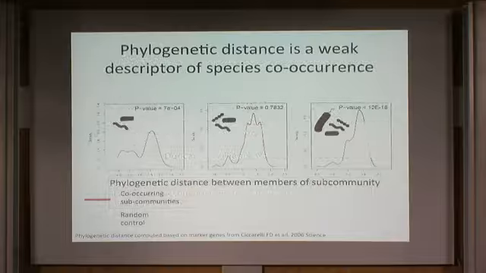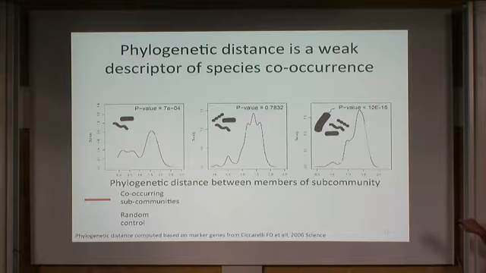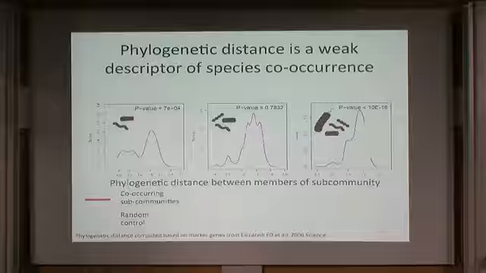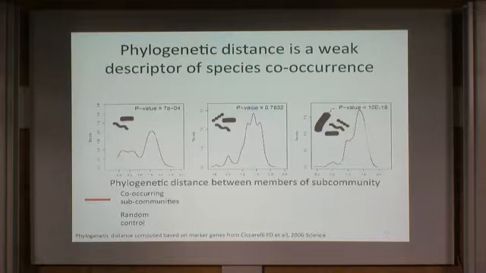The first thing was to check, for all these identified communities of 2, 3 and 4 species, which I was showing, the phylogenetic distance of that community. You can see this line, right? Basically, you quantify the phylogenetic distance between the species inside that community, and then contrast against a random control.